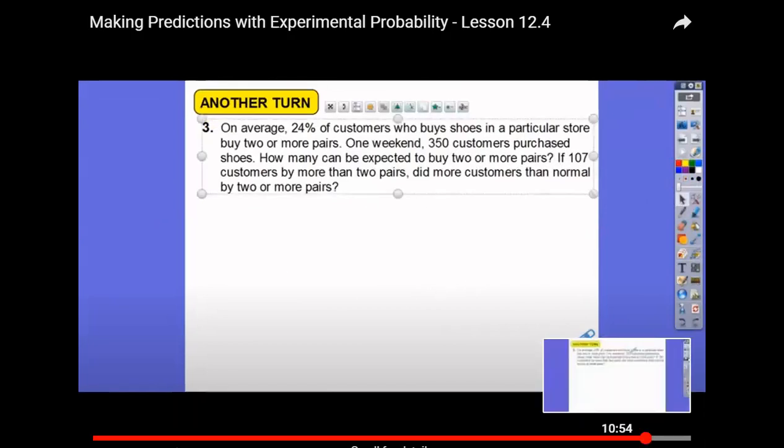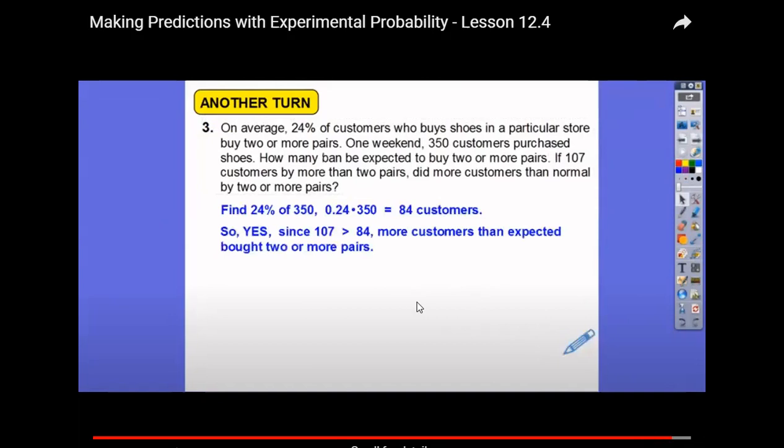Do you expect their prediction? 107 is more, right? Yes. Did more customers than normal buy 2 or more pairs? Yes, because 107 is more than 84. More customers than expected bought 2 or more pairs.